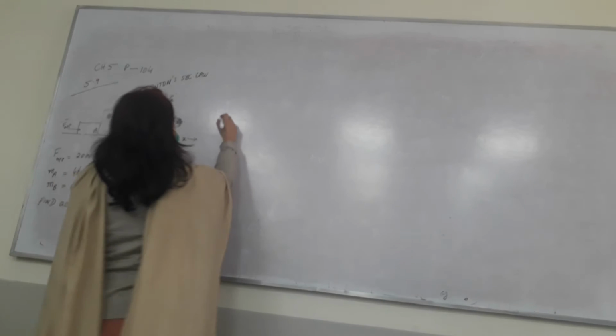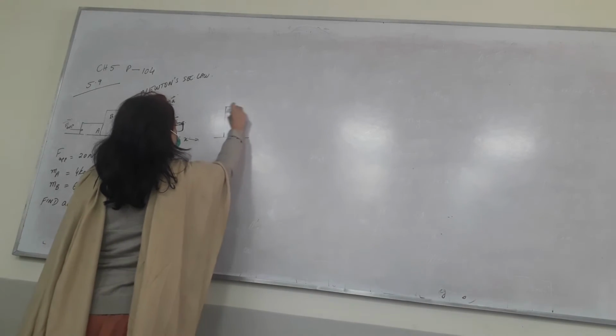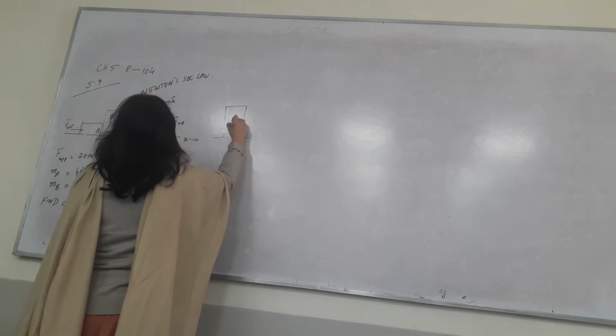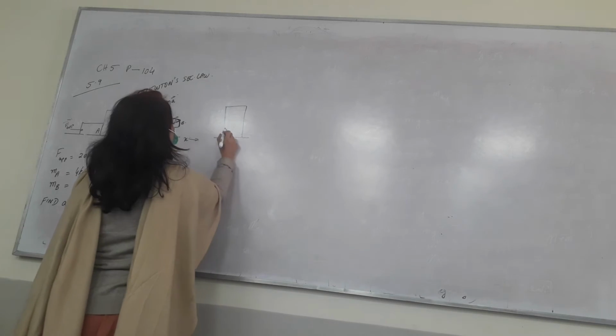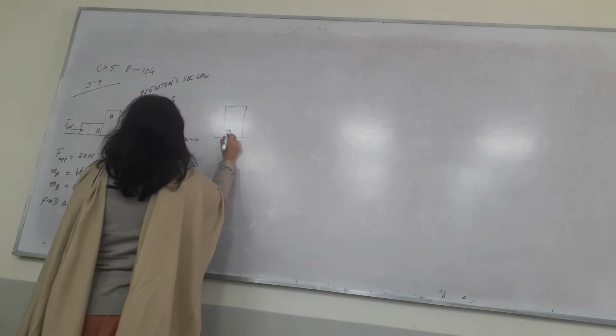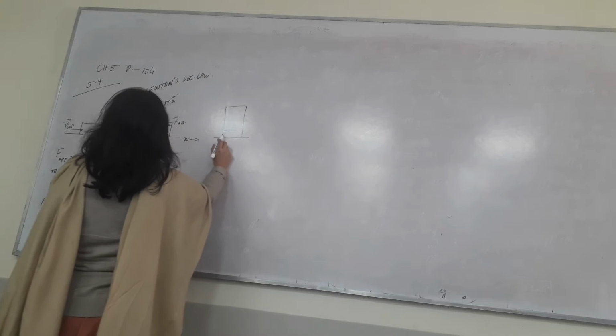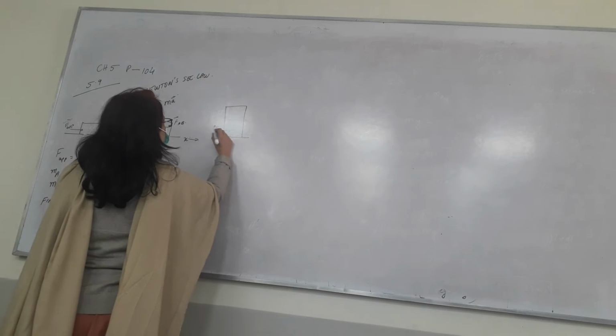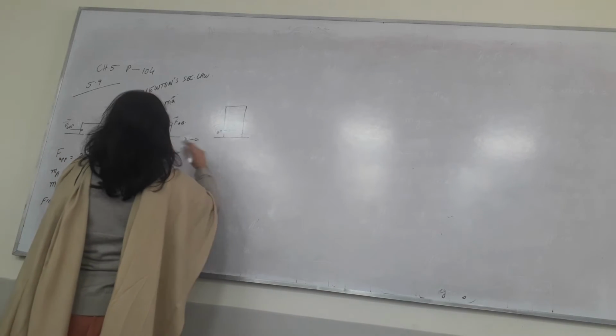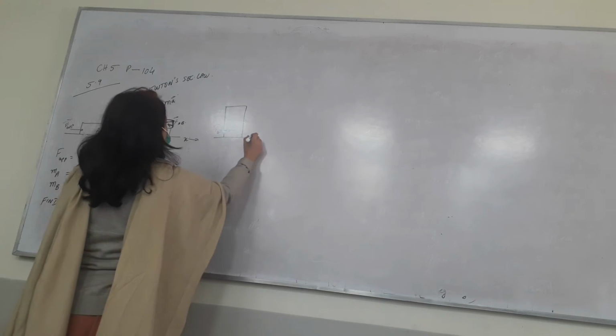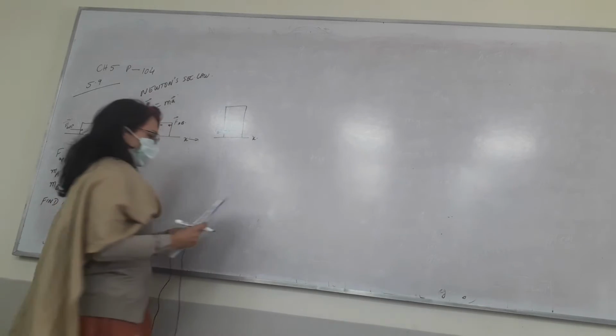Similarly, block B, if we make it separately, is experiencing a small reaction force that we call FBA, and this is also along the x direction.